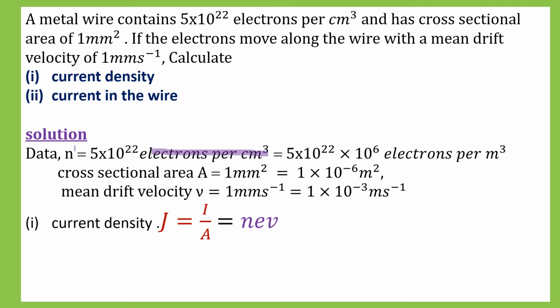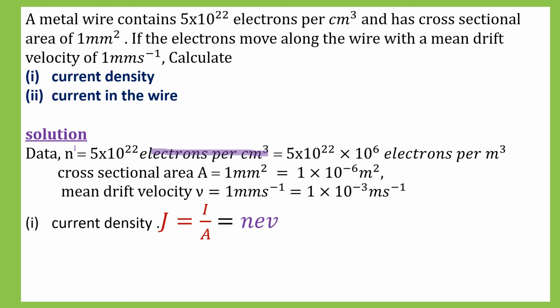We are required to calculate the current density, and we know that current density can be calculated from that famous formula, J = I divided by A, I standing for current and A standing for area, which is equal to NeV. N stands for electrons per cubic meter, e stands for electron charge, which is a constant and is always given. Then V is the mean drift velocity, given as 1 millimeter per second.